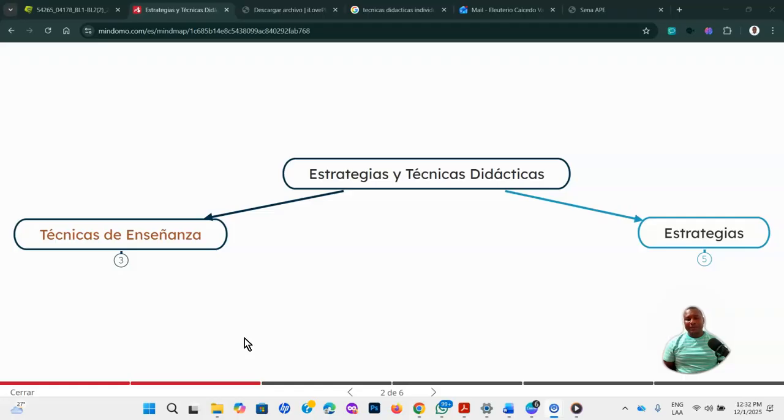It has to do with the singularity, the particularities of the group.